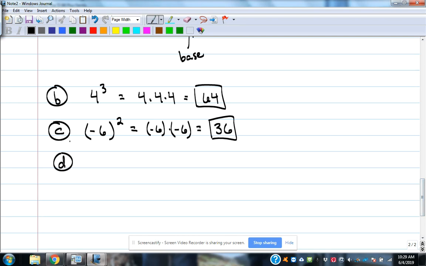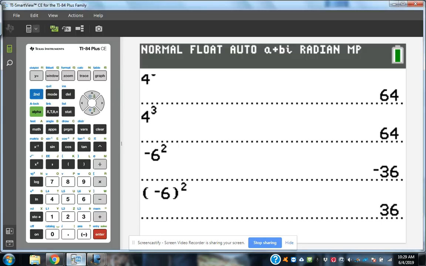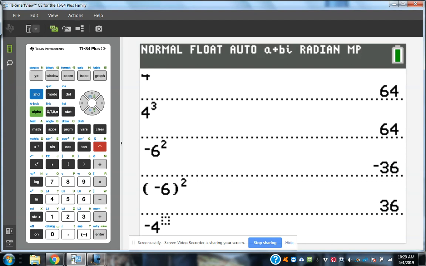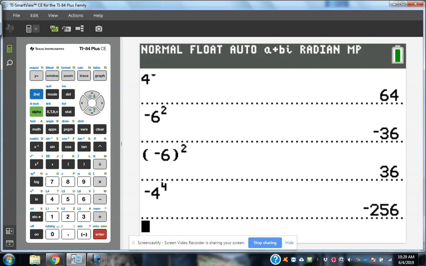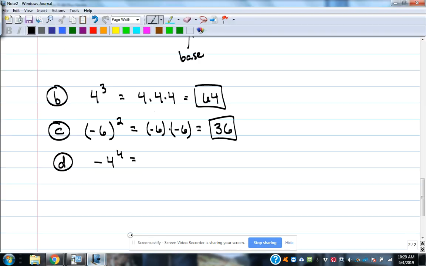Because sometimes they will actually ask you to do -4 to the 4th power without the parentheses in there. And we know that that's taking 4 to the 4th power and then making it negative because of order of operations. But I'm typing it in exactly like it's written, -4 raised to the 4th. And it's going to give me -256, which is the correct answer for this one.